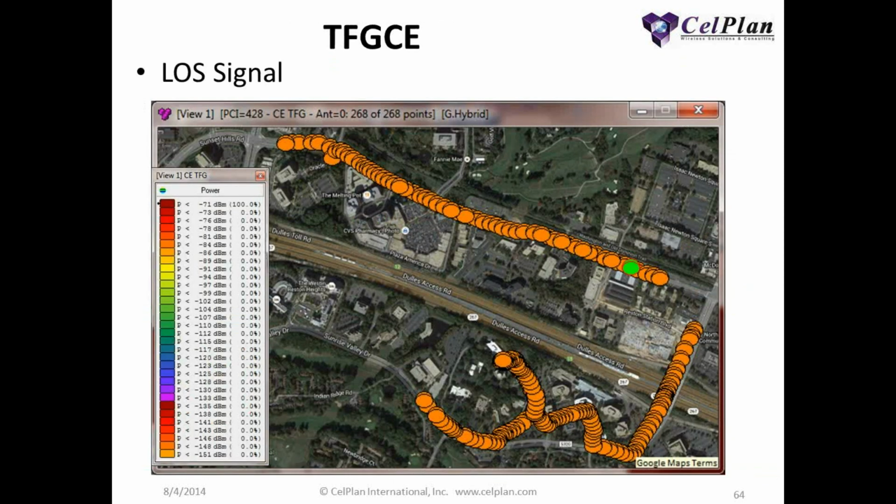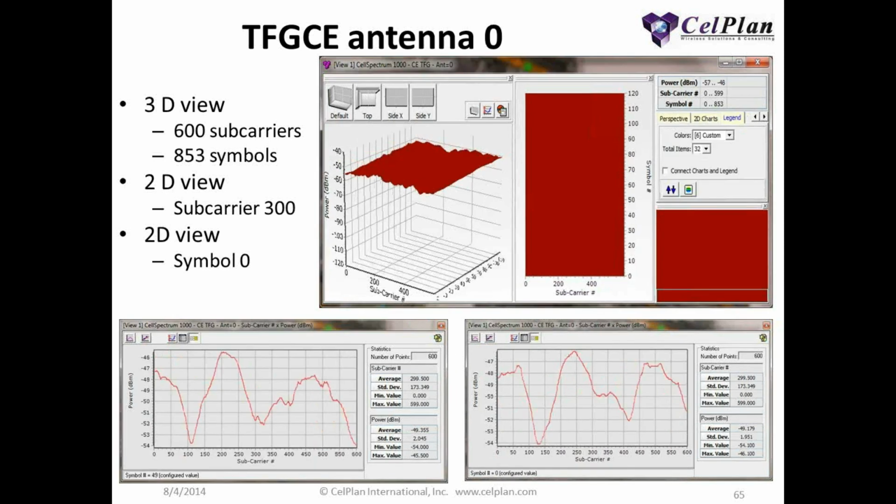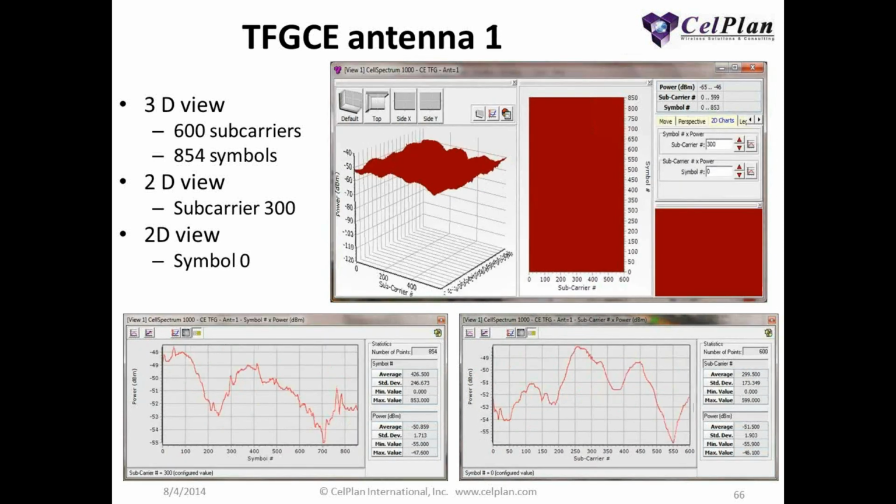This is the overall grid already corrected by the channel estimation for a line of sight signal. Here we have the corrected grid for antenna 0 and for antenna 1. You can see that there are differences between both antennas.